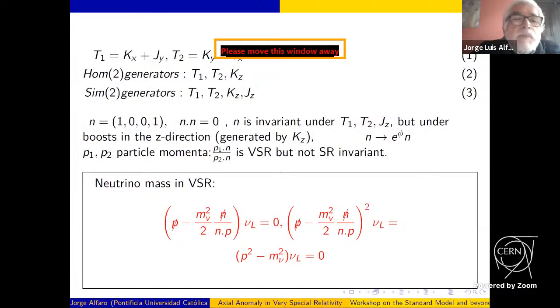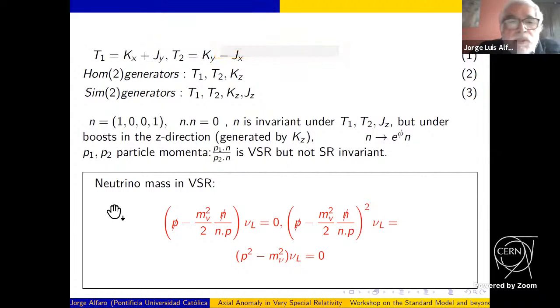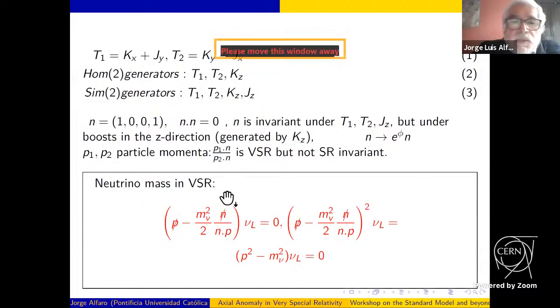So if you accept the non-locality, you generate more terms. In particular, and that was a proposal also by Cohen and Glashow, you can introduce a mass term for the neutrino without changing chirality and without introducing extra particles. And this is the new term. This is the modified Dirac equation, where explicitly you get this null vector here.